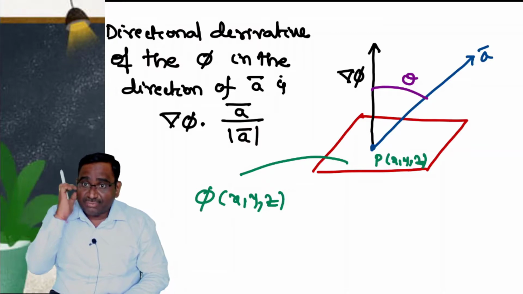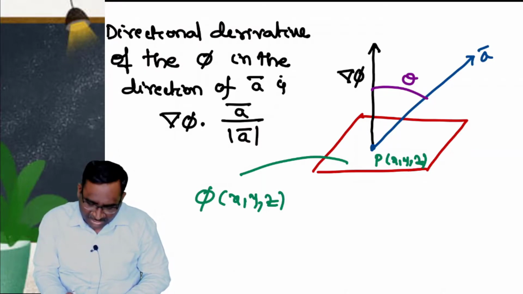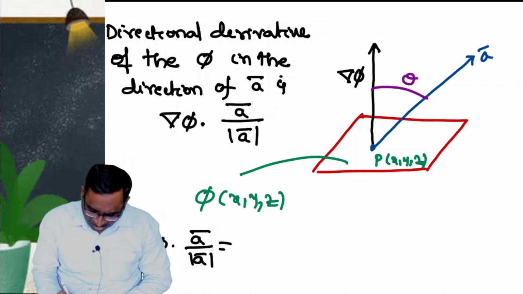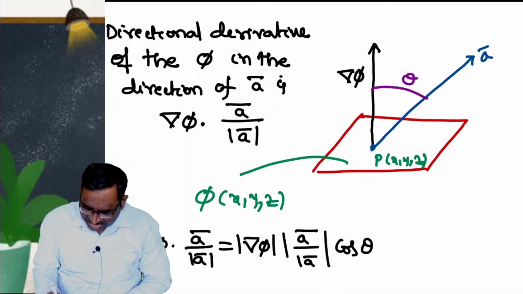By applying the dot product, this is modulus of del phi into modulus of A bar by modulus of A bar, cos theta.